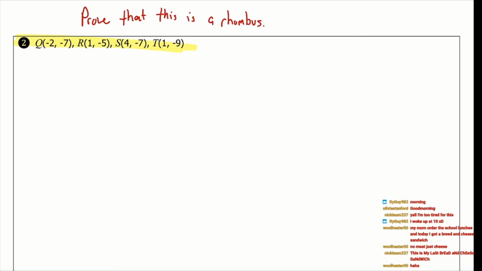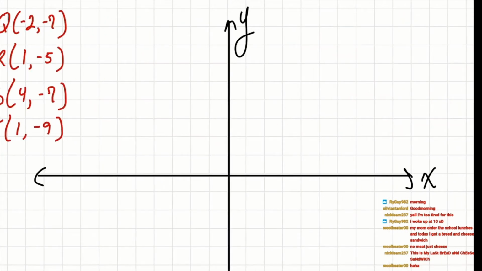So if you haven't done so already, I would graph these. I've put the points on my graph paper just to help me out so I don't have to flip back and forth. And then I'm going to graph this. And ideally, if they're telling you to prove something as a rhombus, make sure it looks like an actual rhombus. If you get something that doesn't look like a rhombus, you've done something incorrect.